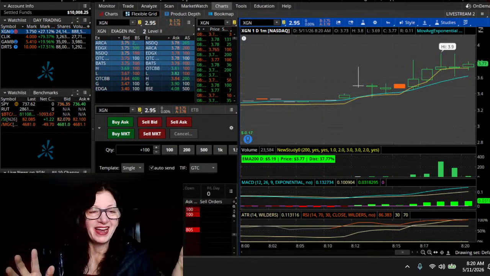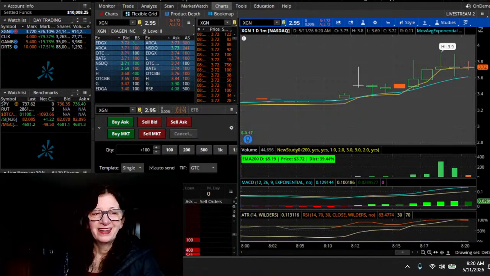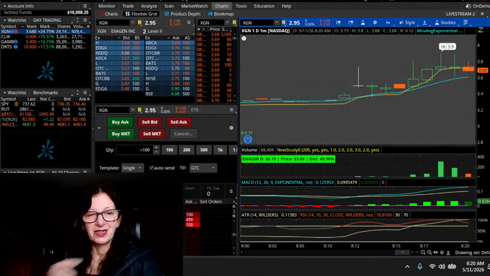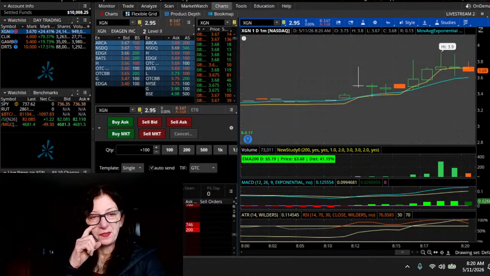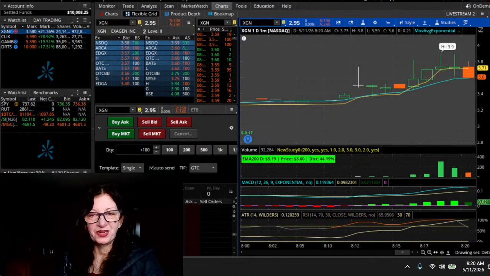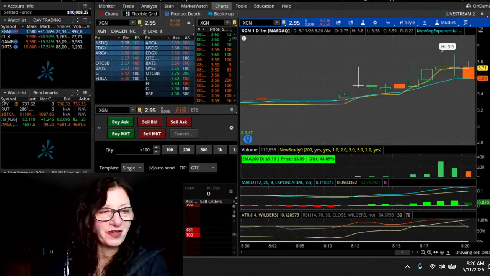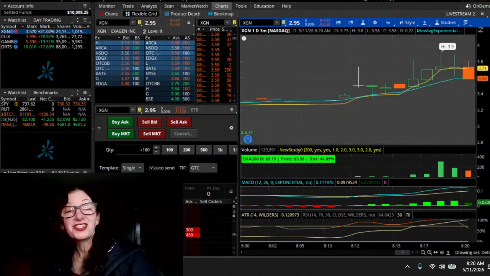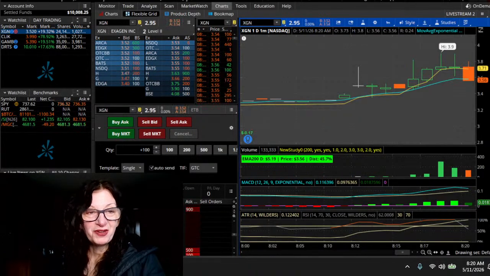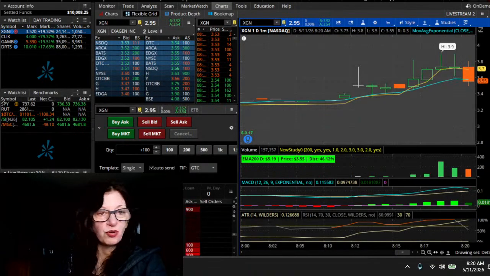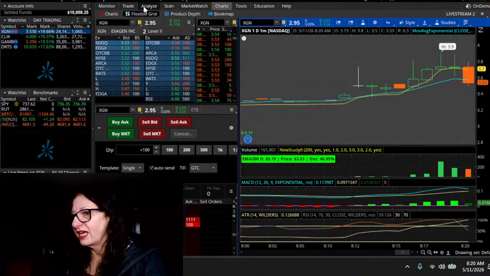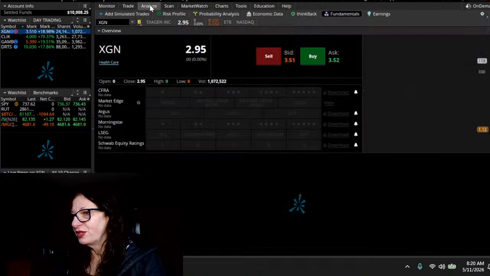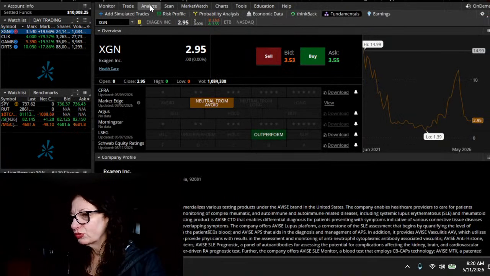Why don't you just say revenue and profitability? I mean, the bottom line is kind of obvious, but I don't know. Why don't they just say what they mean? Revenue and profit. Okay, so it looks like they have more than 500,000 in volume.